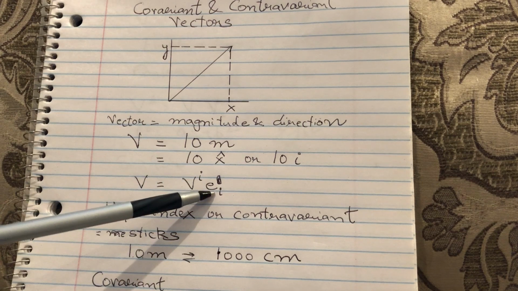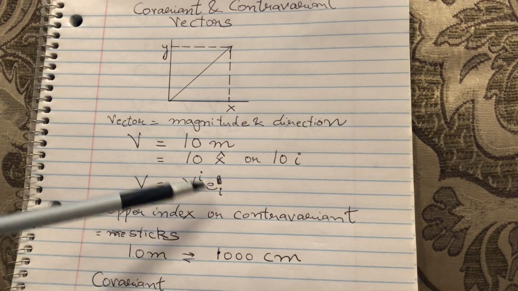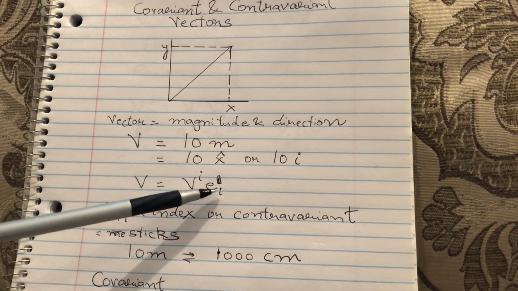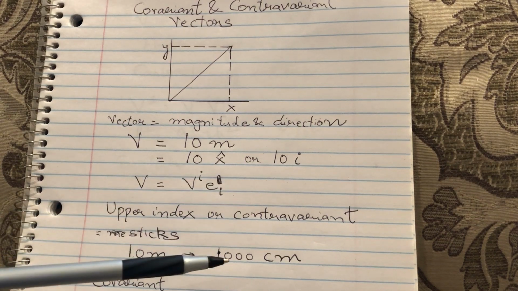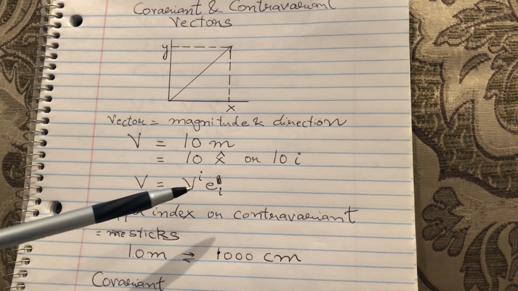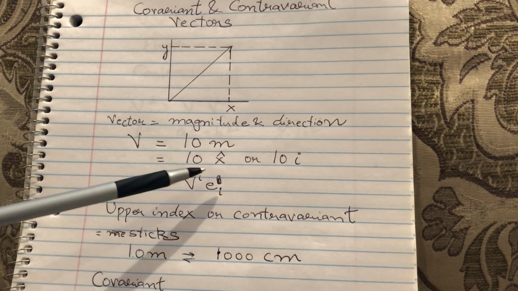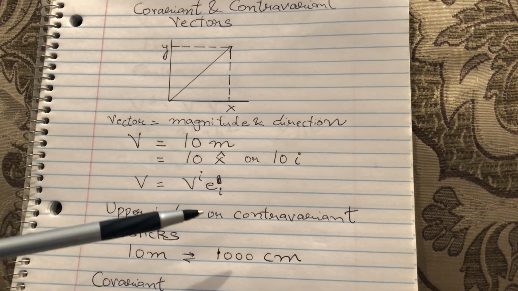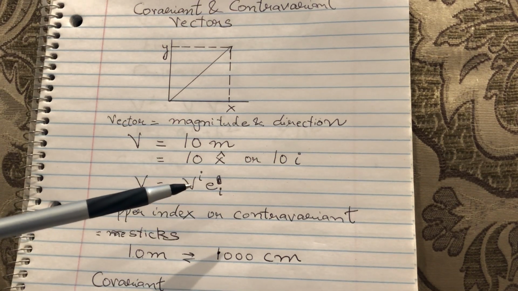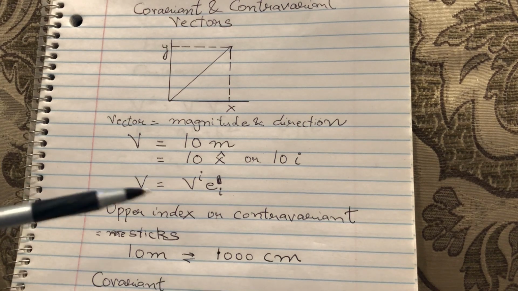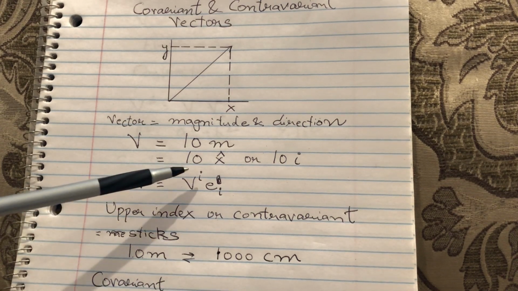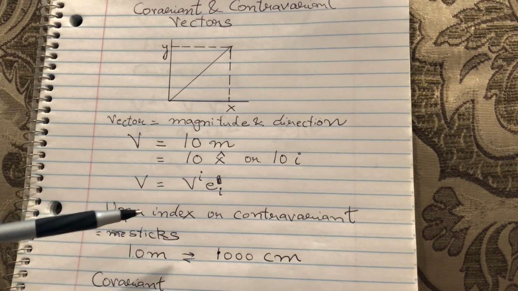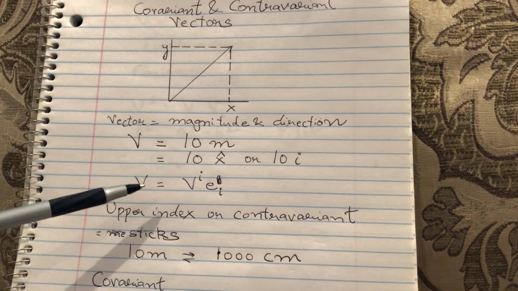So you can see upper and lower. There is a symmetry here. You would say, why not put this also upper here? It's a convention, and it's a good convention, as you will see. It makes sense when you do more complicated calculations. So you can see that this is an upper index, and it is also called a contravariant vector.